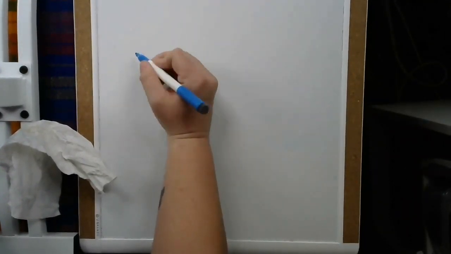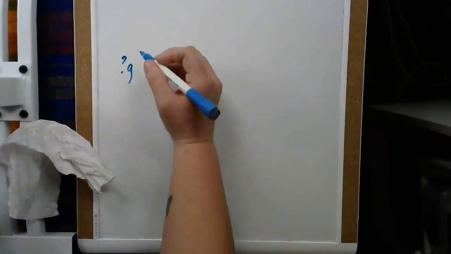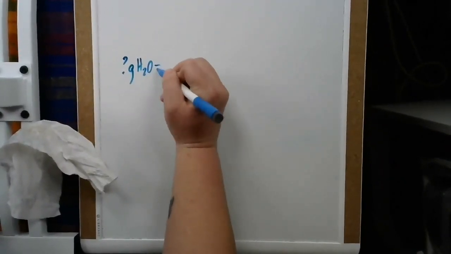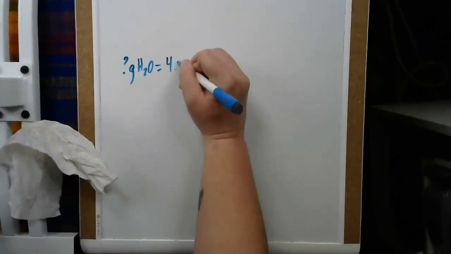All right, how many grams of water are necessary to produce 4.39 moles of ammonia? All right, so, oh, 4.39.